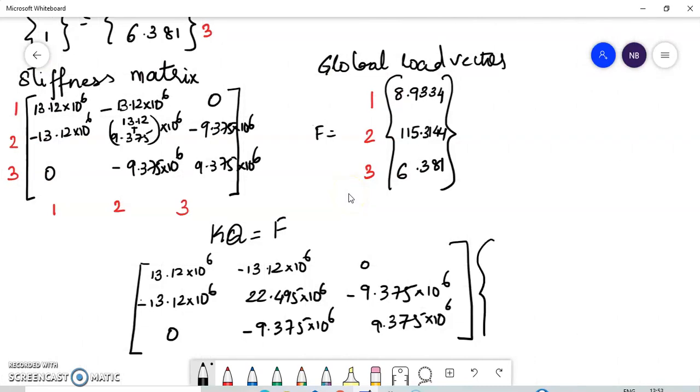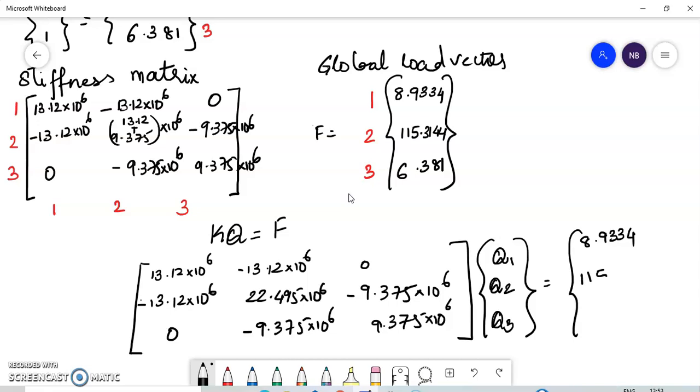The Q vector will have Q1 as the displacement at node 1, Q2 and Q3 as the displacements at node 2 and 3 respectively, and this is the global load vector which we just calculated, 115.3144 and 6.381.